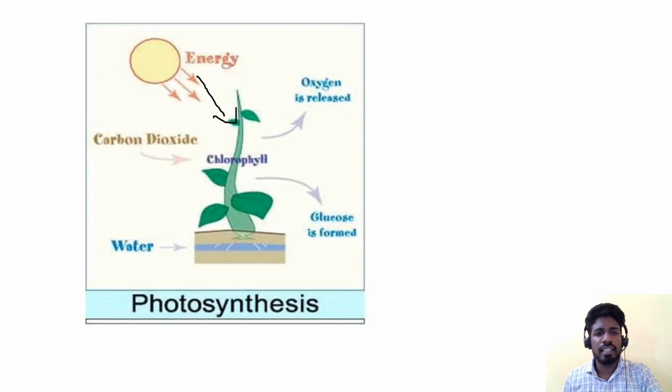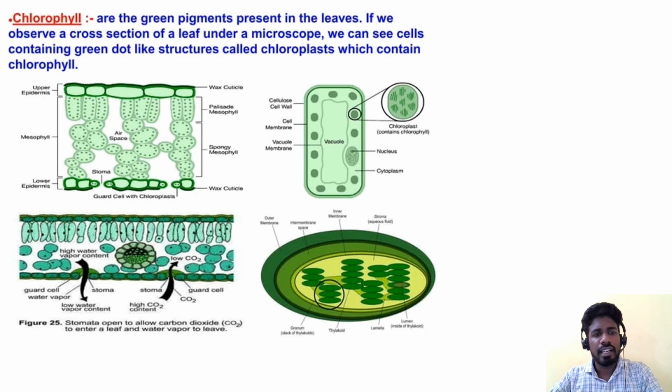Carbon dioxide is taken in and oxygen is released, and glucose is formed as the main product. This is called photosynthesis.